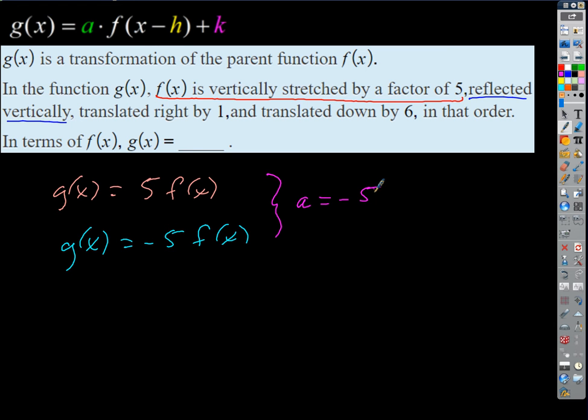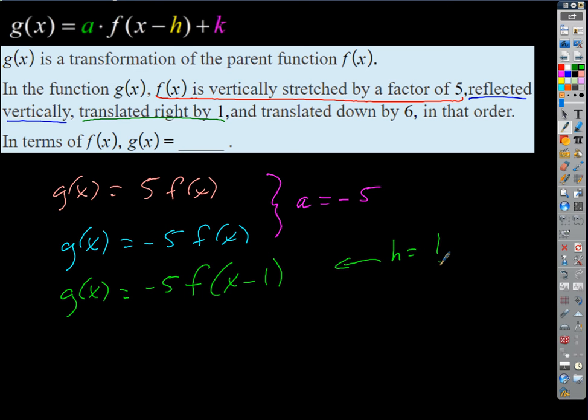Next step, how about the green step? If we translate right by 1, what's that going to do? Okay, x minus 1, so h is equal to 1, and we're subtracting that from x. Everybody agree? So we end up with g of x equals -5 times f of x minus 1, and that's the step that's telling us h equals 1.